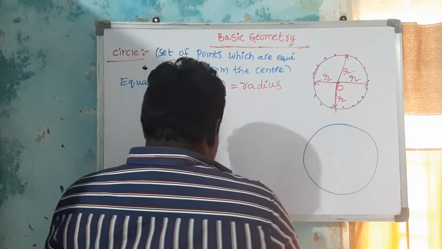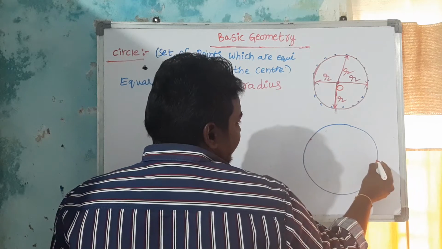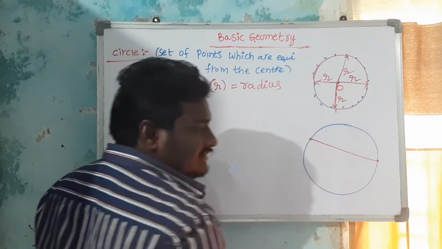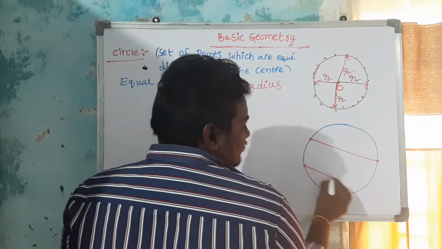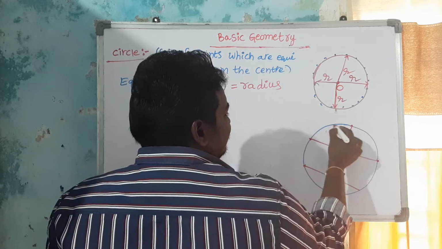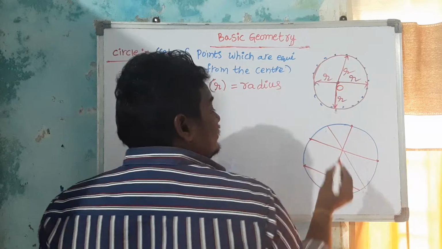If you join one point to another point on the circle by drawing a line segment, this is called a chord. This is also one chord, and this is also one chord.